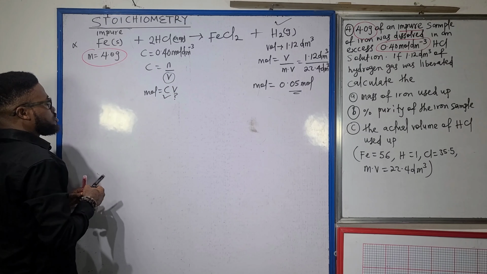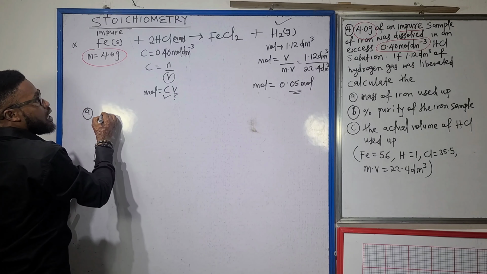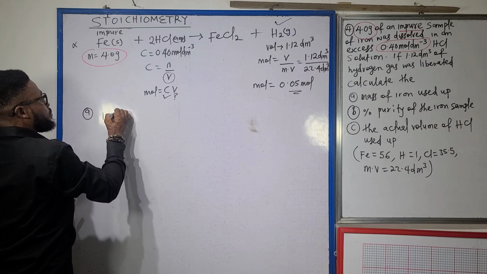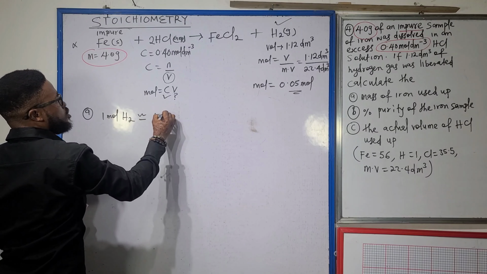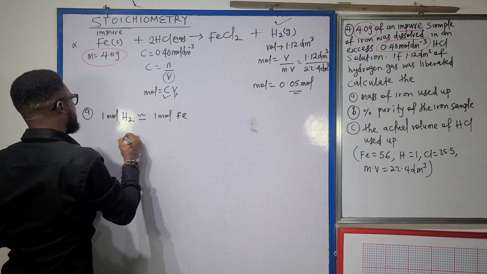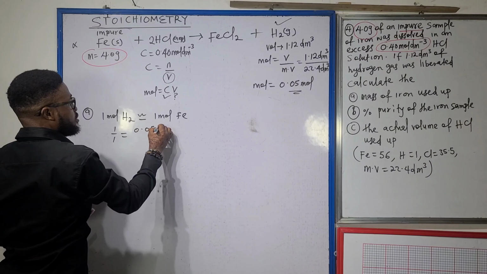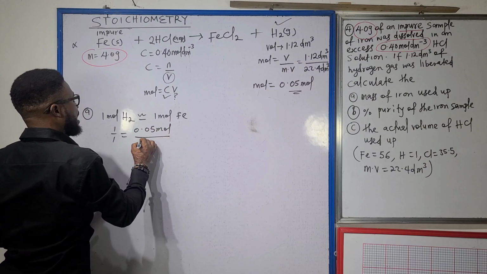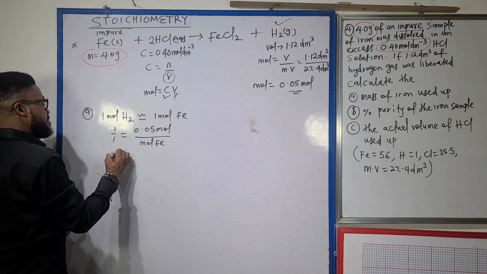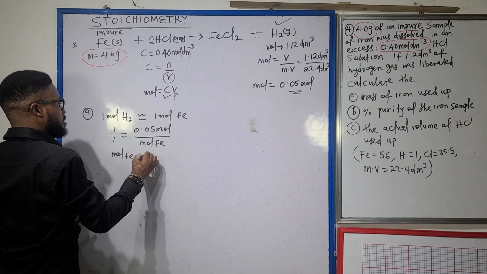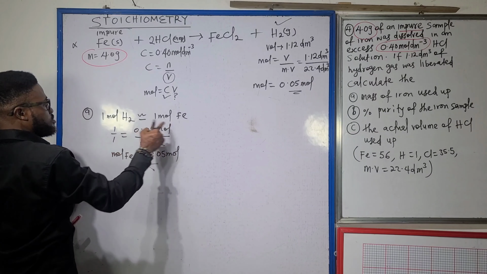So talking about question A, mass of iron used up. I'll simply say 1 mole of hydrogen gas is stoichiometrically equivalent to 1 mole of iron. The implication of that is 1 over 1 equals 0.05 mole divided by mole of iron. Mole of iron will then be 0.05 mole as well, because 1 comes in, 1 comes in.